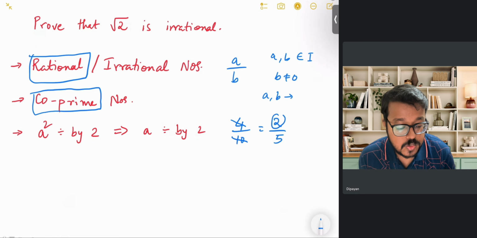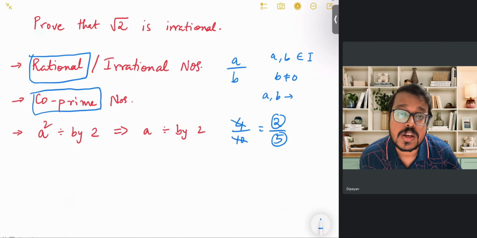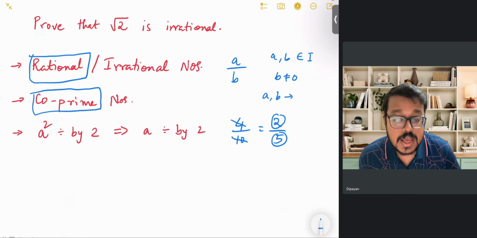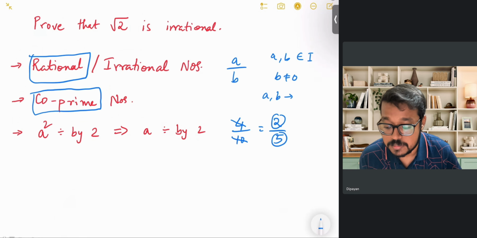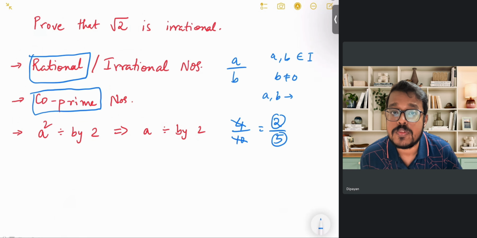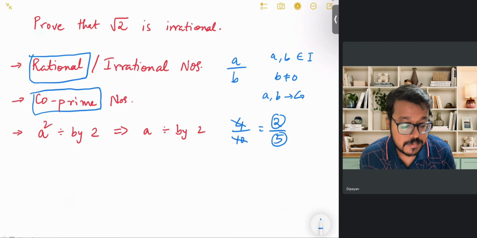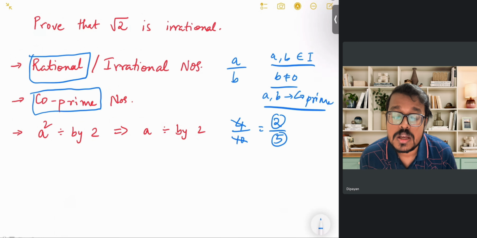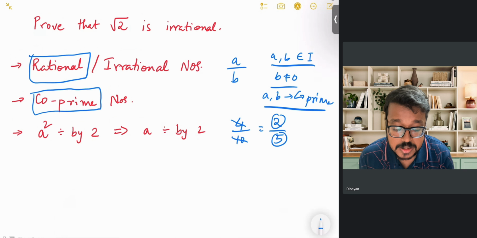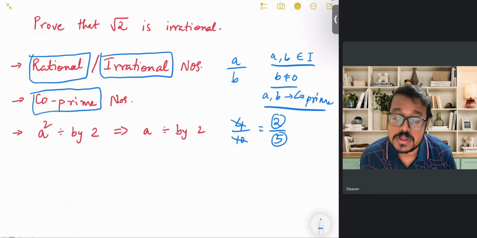Now the numbers 2 and 5 don't have a common factor other than 1. So I will say that 2 and 5 are co-prime and 2 by 5 is the rational number. So 4 by 10 can always be written in a simpler form, which is 2 by 5, and the numerator and denominator are co-prime. So this defines what is a rational number. So any number which cannot be written in this format automatically becomes an irrational number. That is the main concept here.